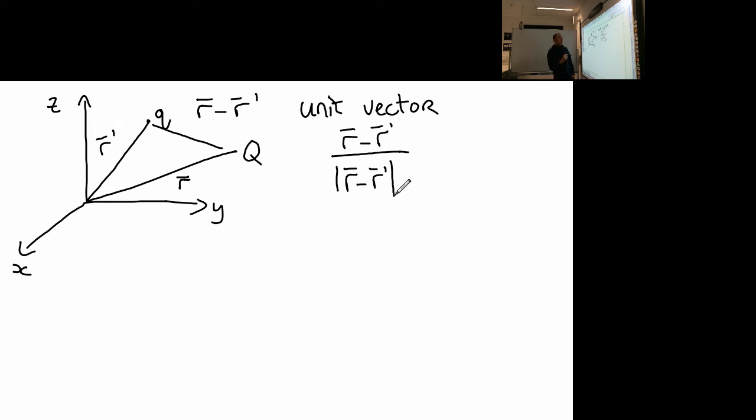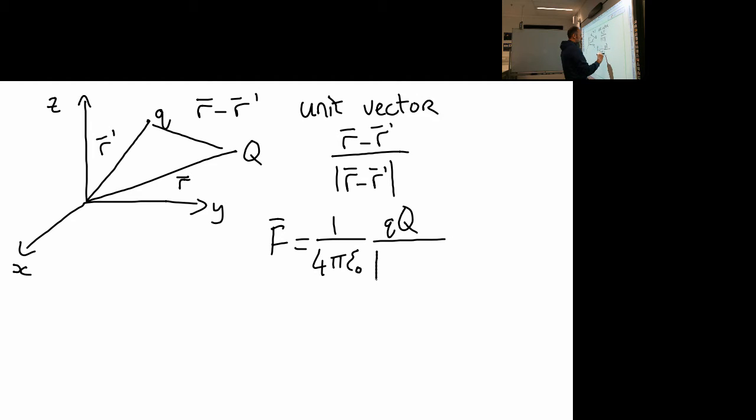So let's write down the electric force. So we have F is equal to some constant, which is 1 over 4 pi epsilon naught. It's given by the product of the two charges, so it's given by little q multiplied by big Q over the distance between the two.